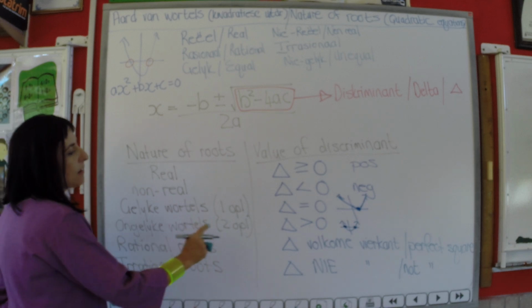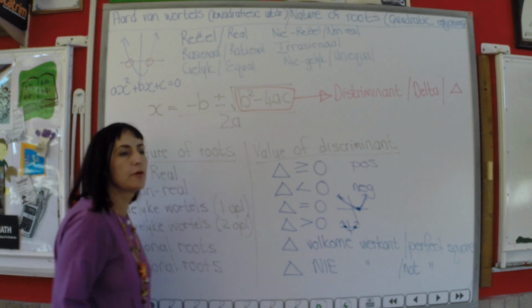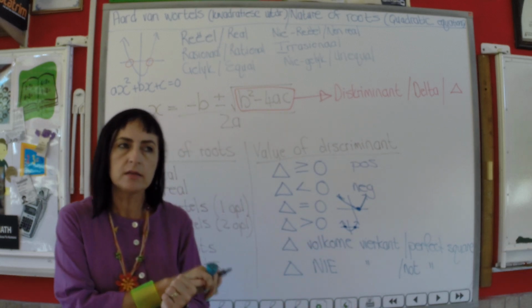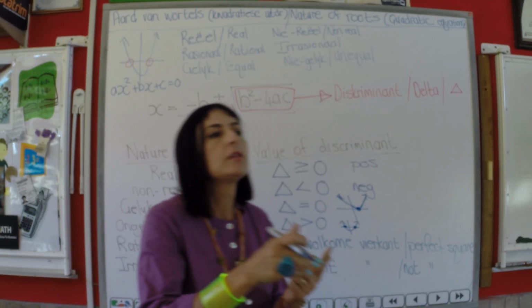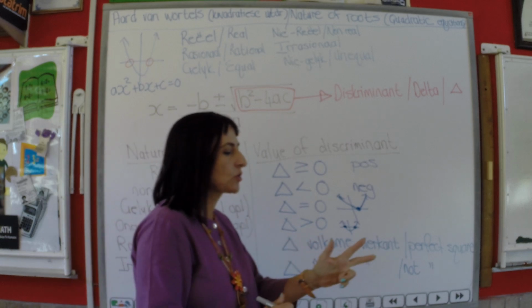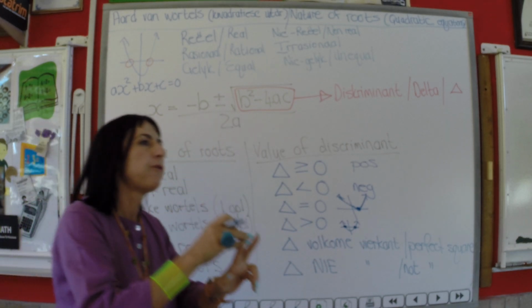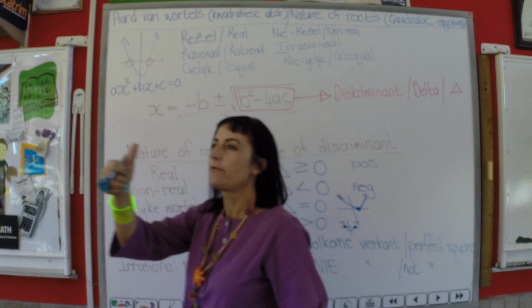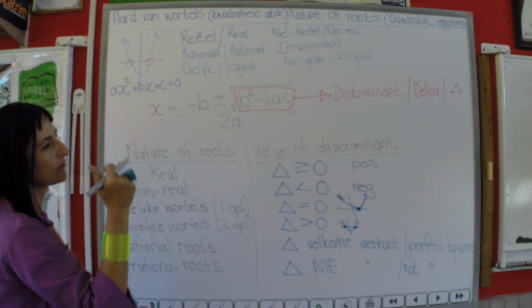Wanneer delta 'n volkome vierkant is, a perfect square is either 1 times 1 is 1, 2 times 2 that's 4, 3 times 3 is 9. A perfect square will be 1, 4, 9, 16, 25, 36, 49.